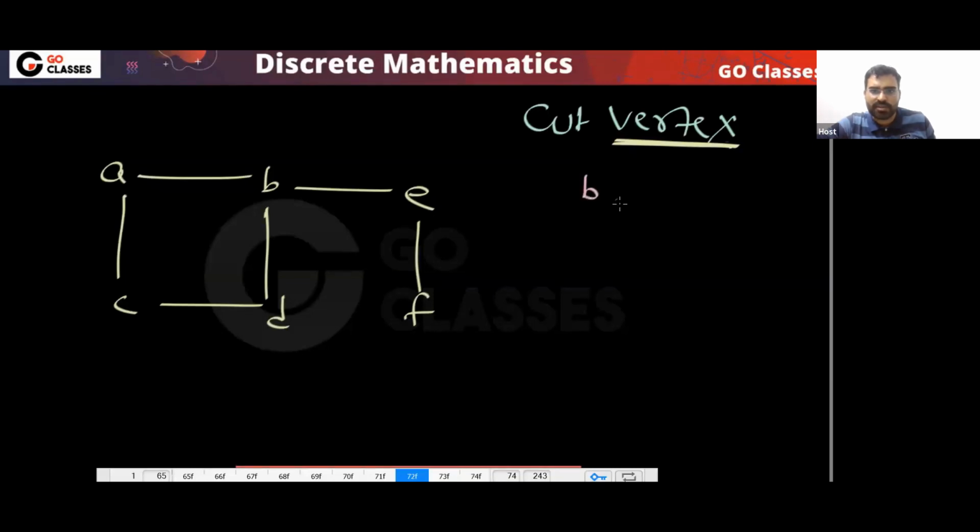So I can say B is a cut vertex, and E is a cut vertex. So you have a total of two cut vertices.